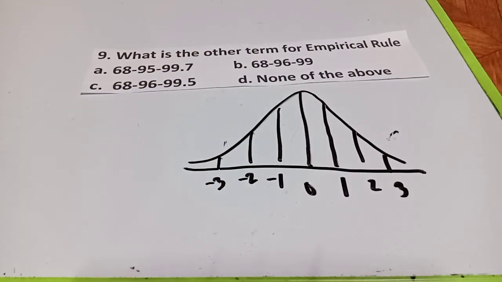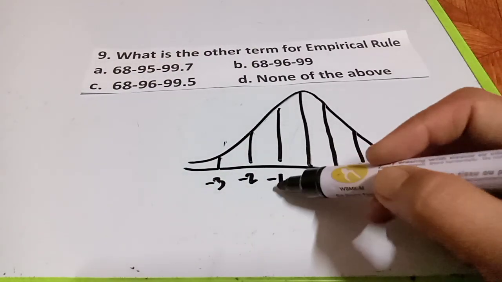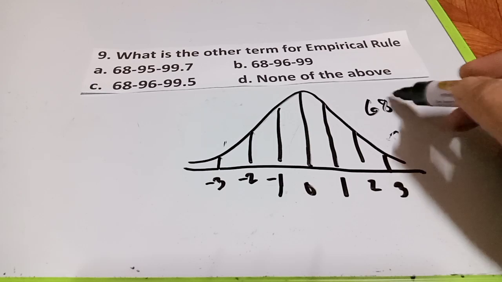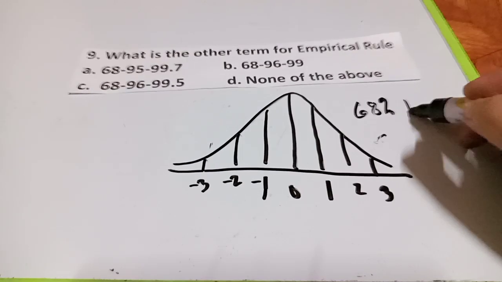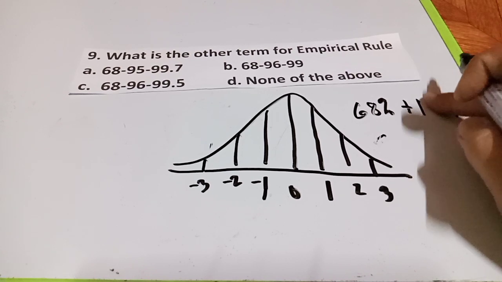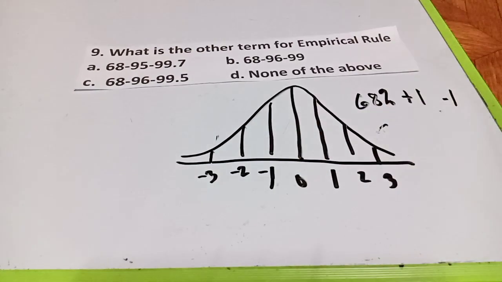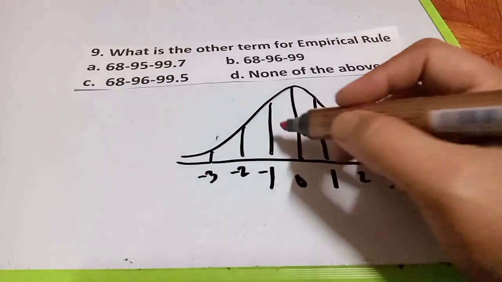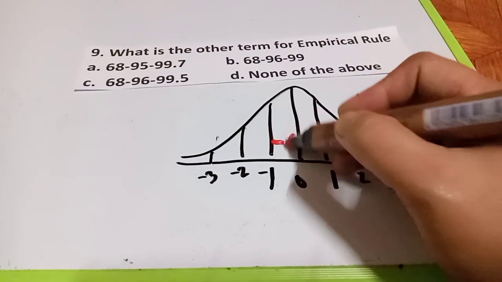When we speak about 68, 68% always lies between positive 1 and negative 1. In this part, this is what you call the 68%.